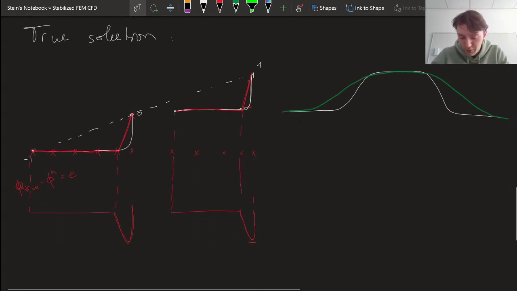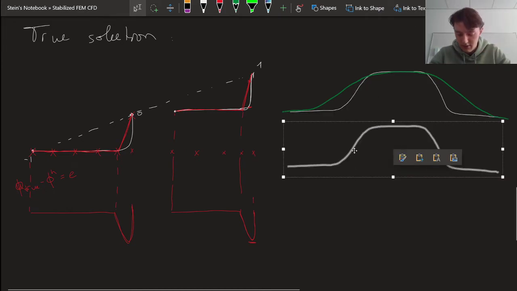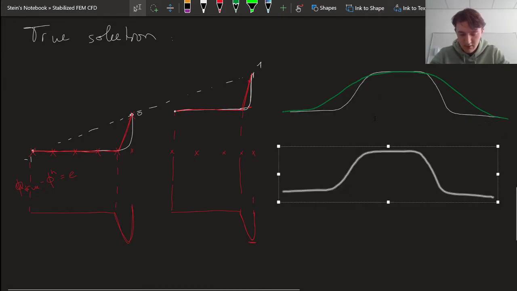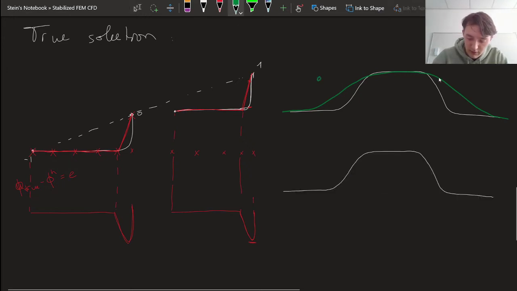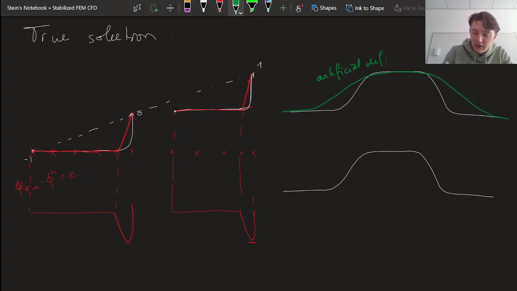So you know what? I'll just copy this. I have to draw this again. So this is the solution that we obtained with artificial diffusion. Then let's again think about the solution that we might want to obtain.